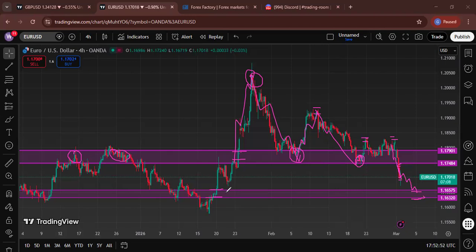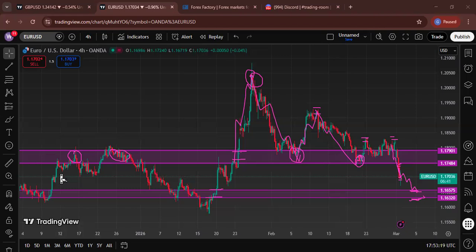Then after that, I'd want to see the next area that price reacts to, if we will see price hold at this area, or if we will see price break below and keep pushing lower. These are very key areas of interest to observe, but this level here is the major target for this drop that we are seeing.